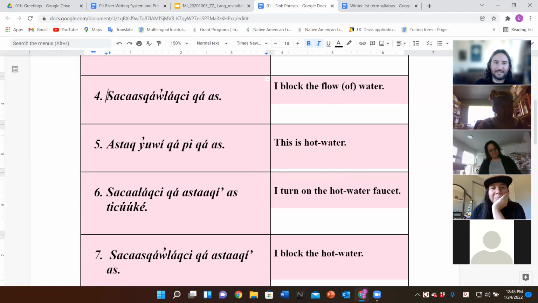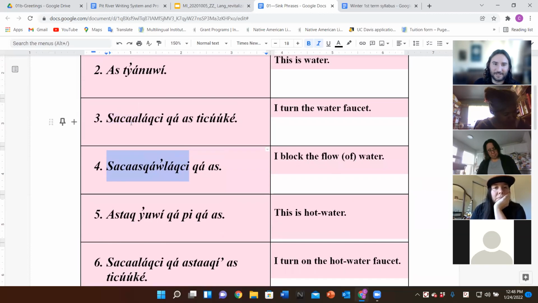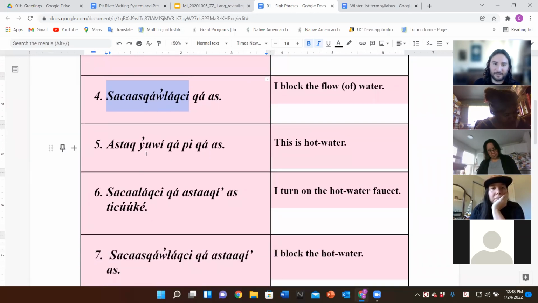So yeah, so this is Saja Scout Lakji Ga Us. Saja Scout Lakji Ga Us. So yeah, you just add that scout in the middle of Saja Lakji. Saja Scout Lakji. Toea Saja Scout Lakji Ga Us.